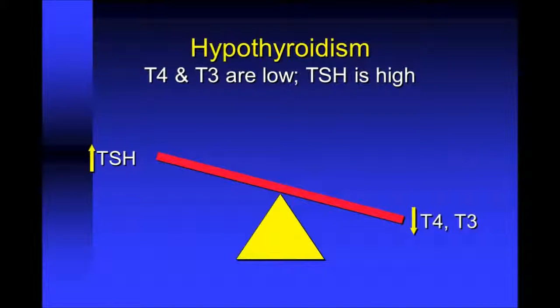If we return to our teeter-totter analogy, we see that as the T4 and T3 levels decline, the TSH side of the teeter-totter will rise. Again, when your doctor screened you for your thyroid condition, they may have commented to you that they thought the gland was underactive because of an elevation of the TSH.